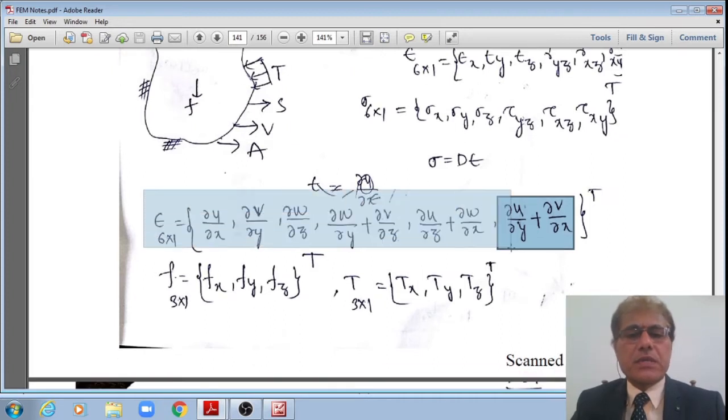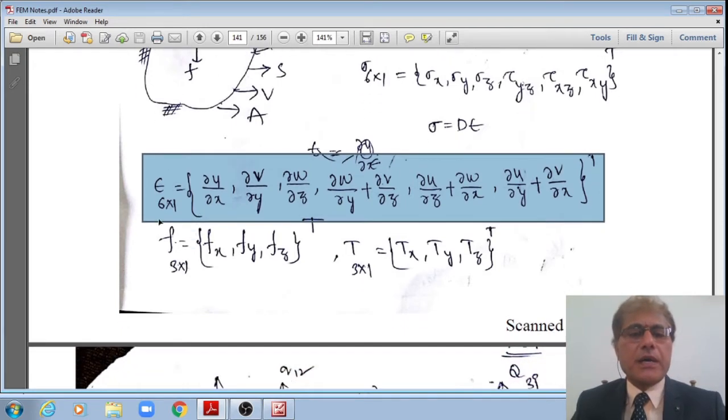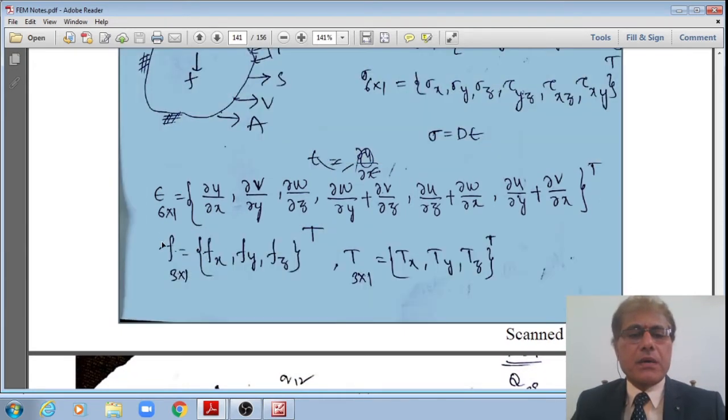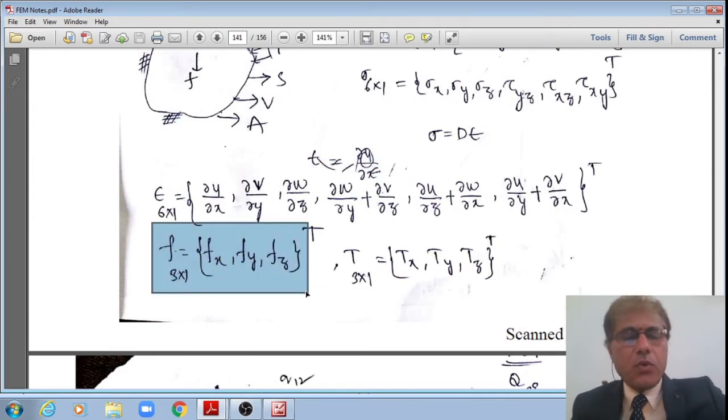This is the strain displacement relationship, a 6 by 1 vector, and the body forces can be resolved into three coordinate directions, fx, fy, fz respectively.